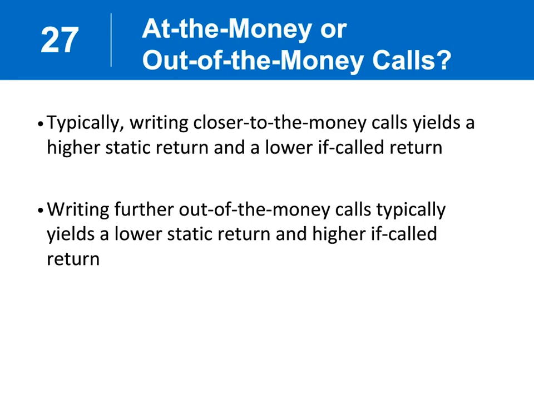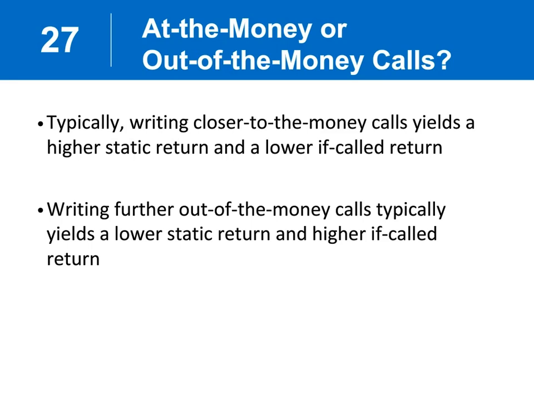The reason to point this out is if your forecast is not just neutral to moderately bullish, but a little more fine-tuned than that. Let's say you are really neutral. You don't want to give up the stock. You're going to earn a dividend payment, but you really don't think the stock is going anywhere. Then you might lean towards selecting a strike price that's closer to the money, so you can receive added premium and not have to give up much because you don't think the stock price is going higher anyway.